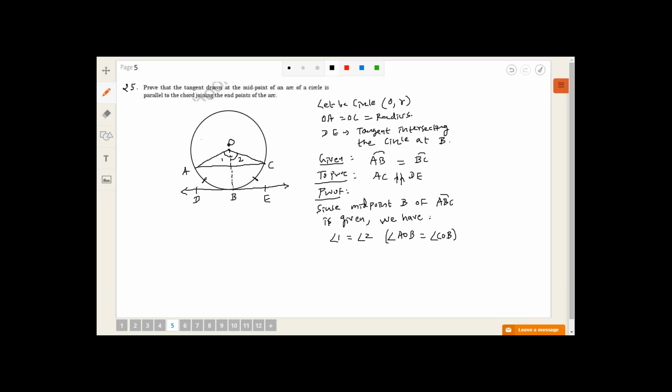And OF is equal to OF, which is the common side.